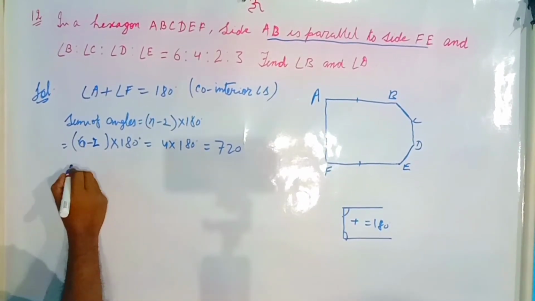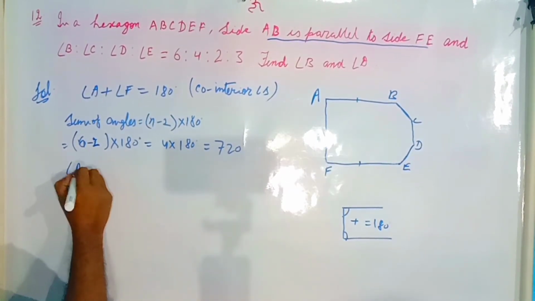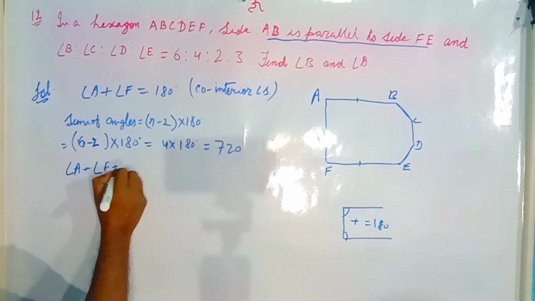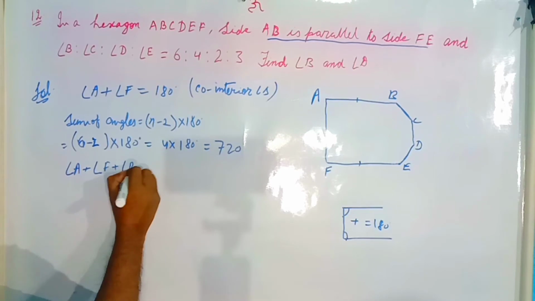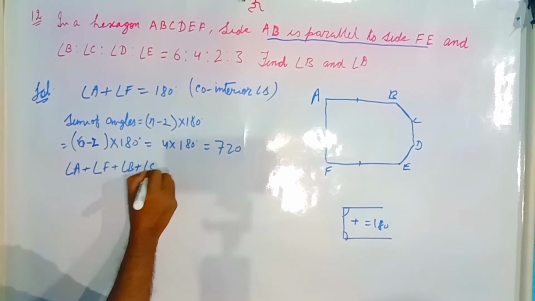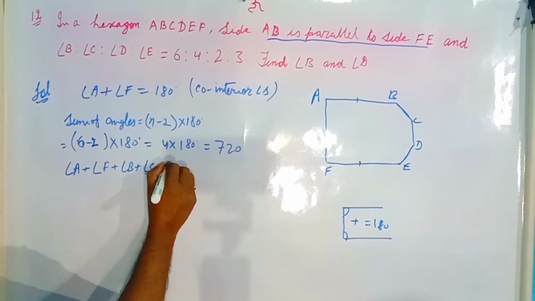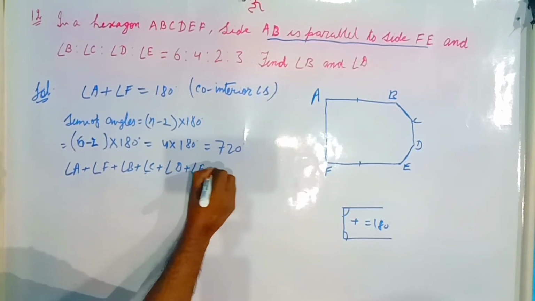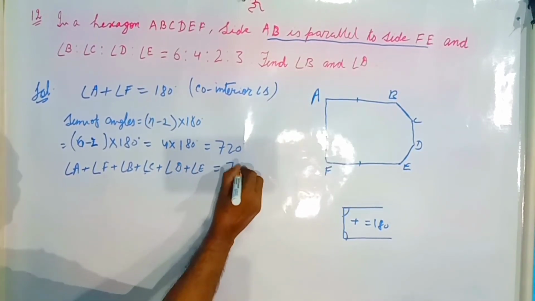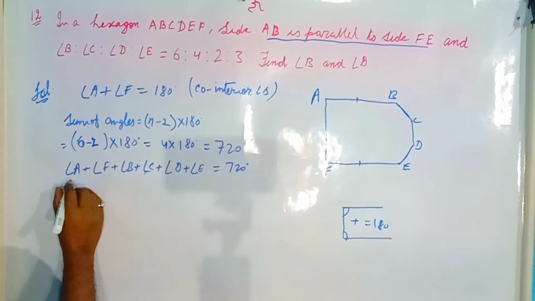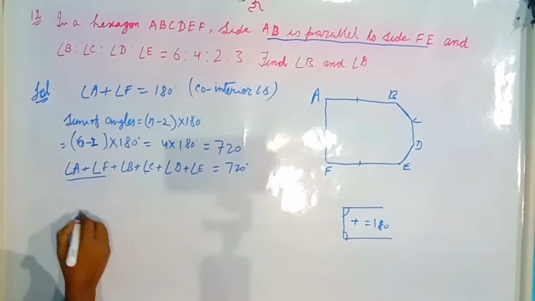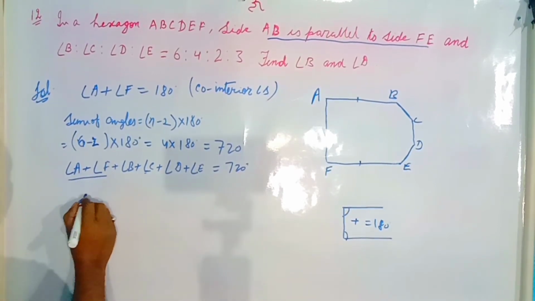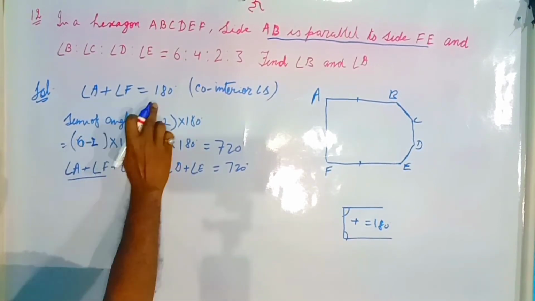Now we will write angle A plus angle F plus angle B plus angle C plus angle D plus angle E equals 720 degrees. In the place of angle A plus angle F, we will write 180 degrees.